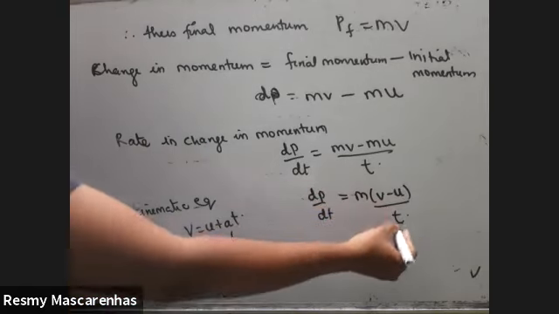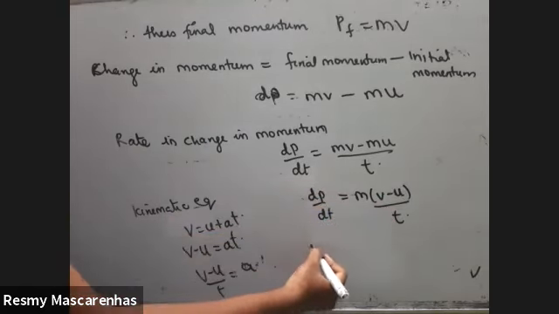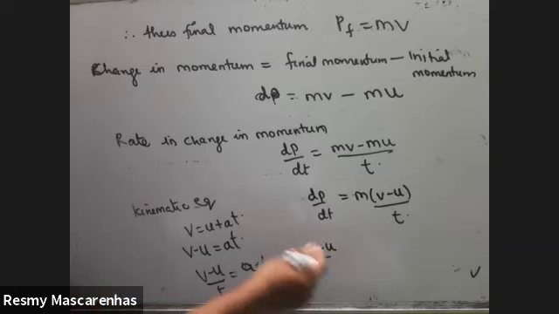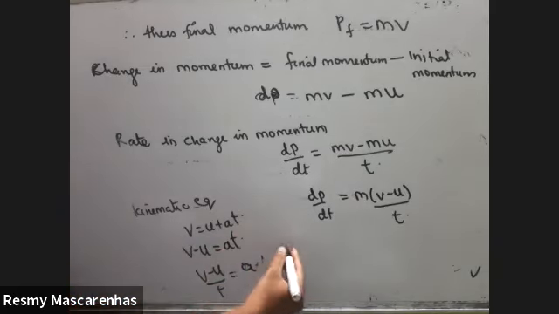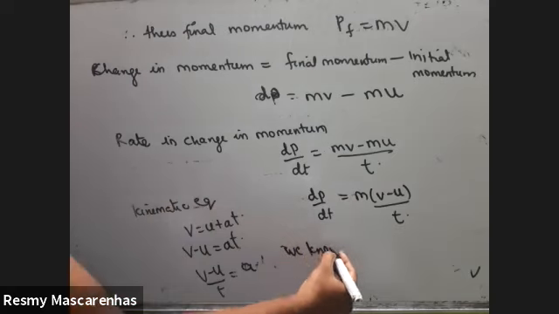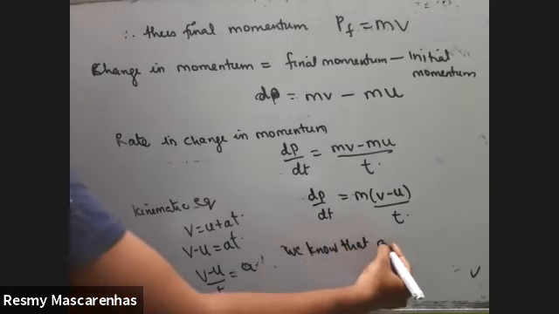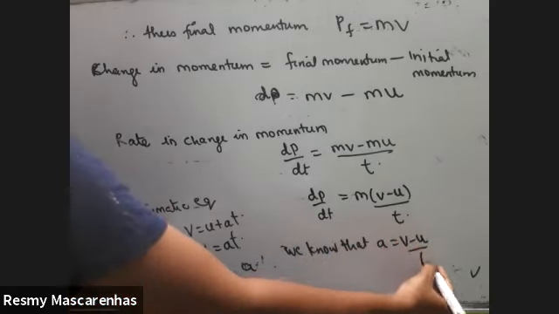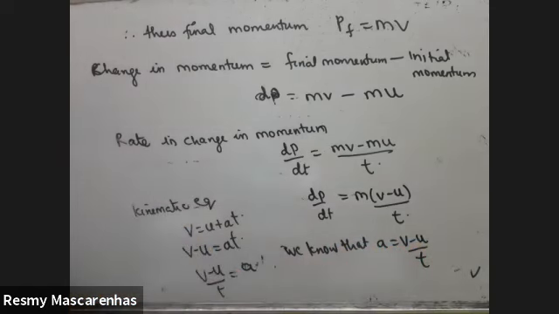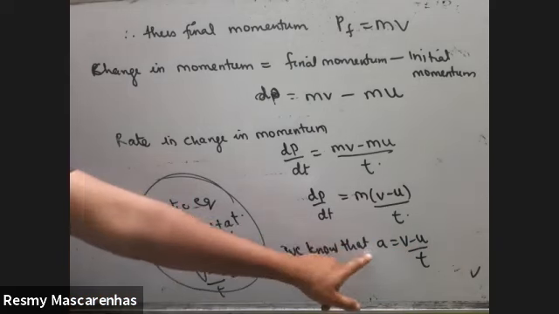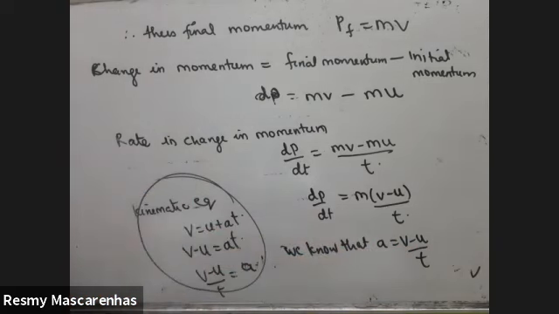So we know that A is nothing but V minus U upon T from the kinematic equation. No need to show this here. Only you should know, and do it somewhere at the side and keep how we got this.